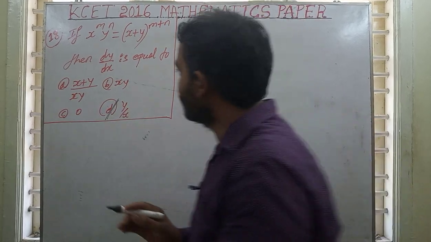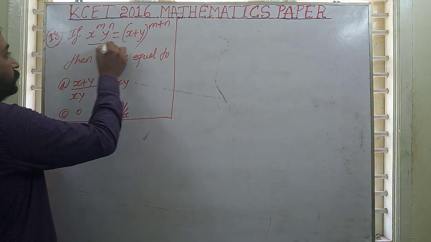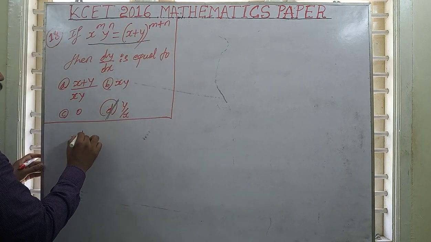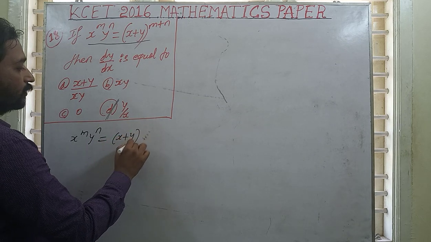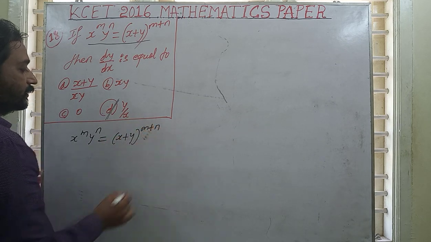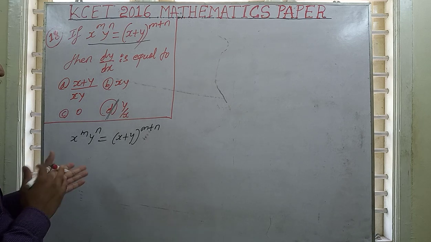So let us take first the given data: x to the power of m, y to the power of n is equal to x plus y whole to the power of m plus n. Logarithmic differentiation means apply log on both sides.